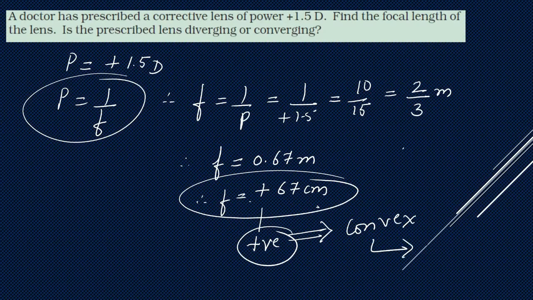And what is a convex lens? A convex lens is a converging lens, right? Okay, that's it. Such easy types of questions might come from the lenses part. You just need to keep in mind that power is always the reciprocal of focal length, and it depends on the sign of focal length. The same sign will be for your power, right?